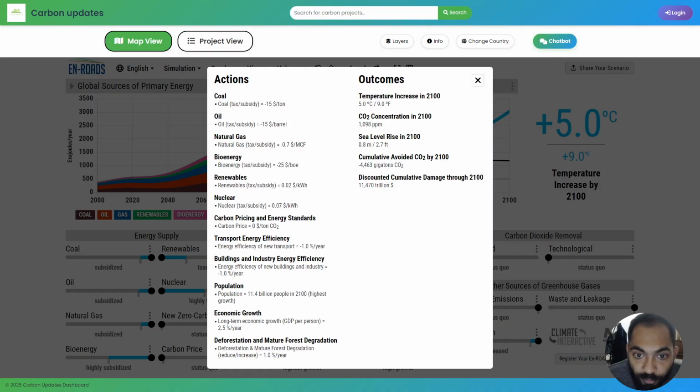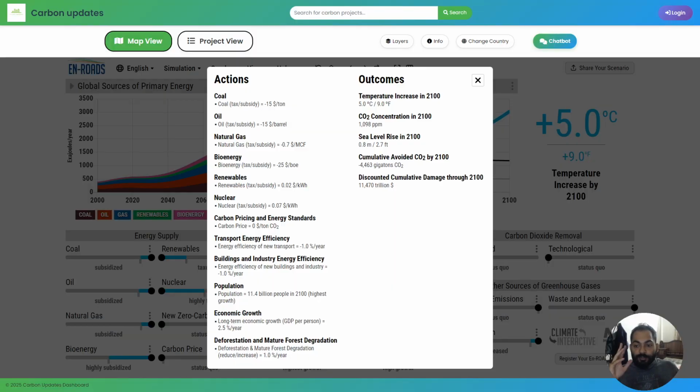CO2 parts per million is 1098, guys. 600 points increase. Sea level rises 0.8 meters. That's almost 3 feet. And we have not avoided a lot of CO2. We've added more. And the discounted cumulative damage is about $11,470 trillion.